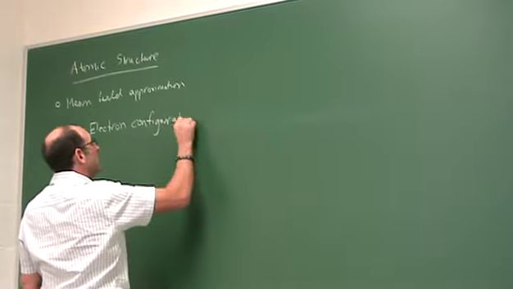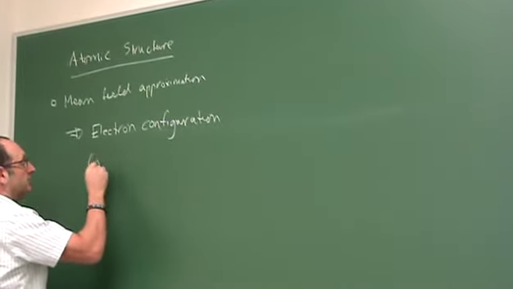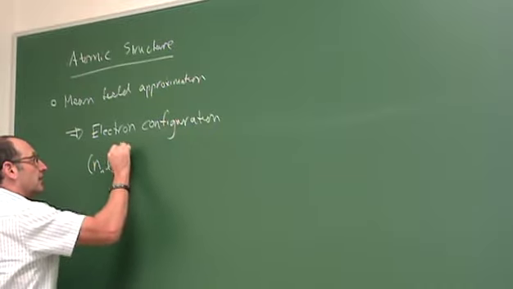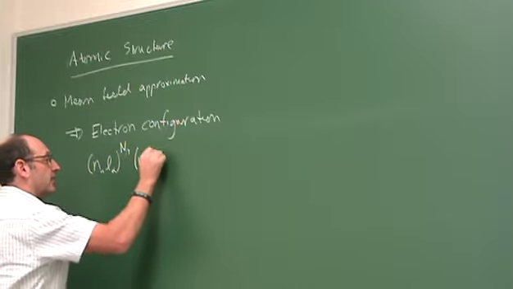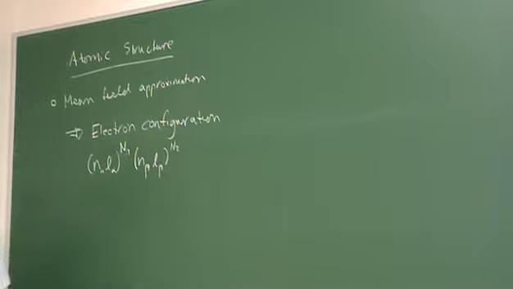In that electron configuration, we have some number of electrons in some orbital, and some electrons in some other orbital, etc., depending on the number of electrons. Those particular orbitals we found based on the Hartree-Fock approximation, which would give us some numerical equations for those radial wave functions.